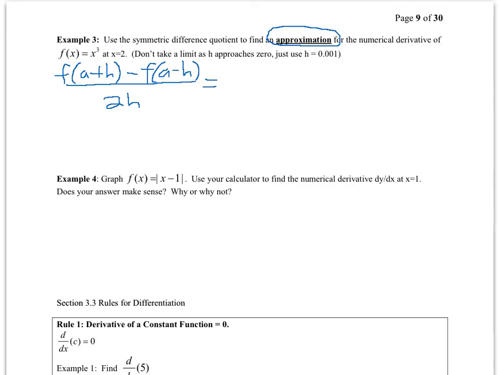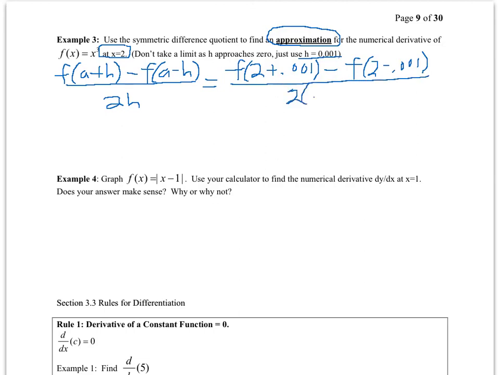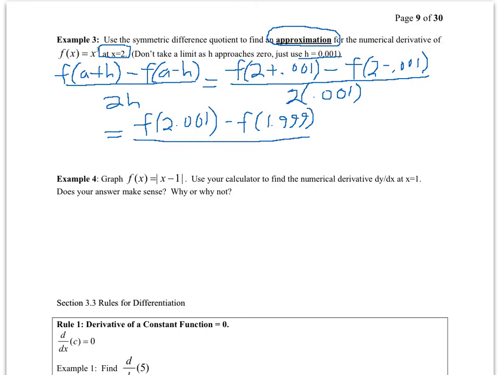Our a value at this point, remember I said anytime you see at, that's telling you the a value. So this is going to be f of 2 plus h, but I already said h is going to be 0.001, and then minus f of 2 minus 0.001. Again, that's just function notation. We'll be able to simplify all this in just a second. So we're technically trying to find f of 2.001 minus f of 1.999, all divided by 0.002.